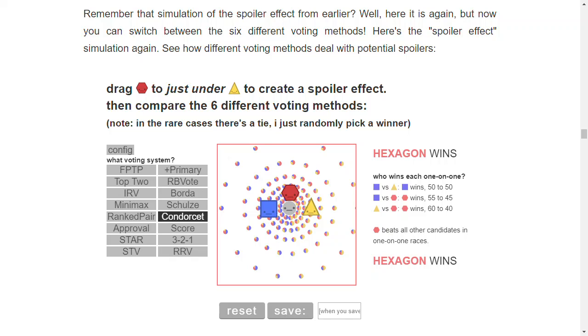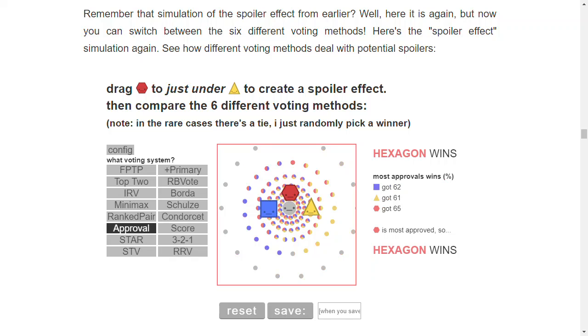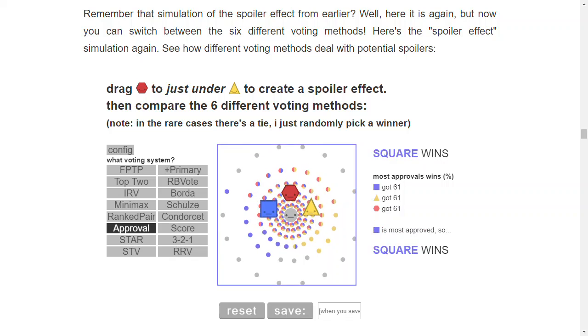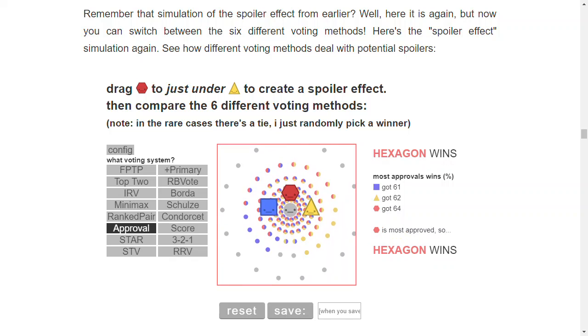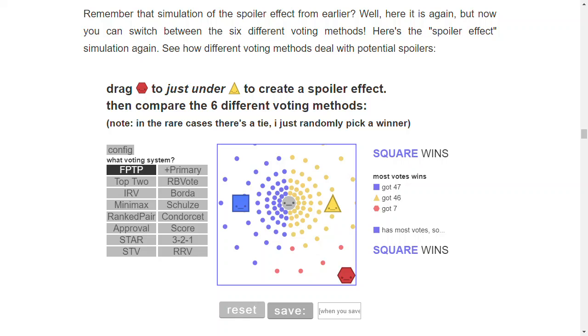Nicky also shows approval. So approval works in this case. I don't think it's realistic because of these guys over here. Now, I changed Nicky's example a little bit. So you can see here that I just reset it. Everybody has an opinion. Whoever they like best, like this guy, likes red best.